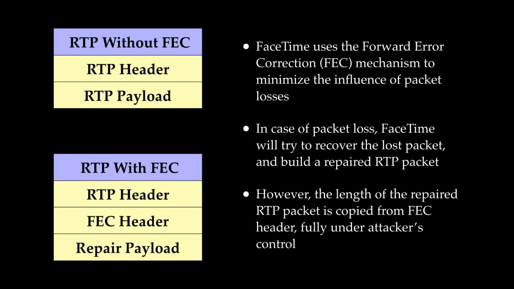In the case, for example, that a frame is split into 8 packets and 1 packet is lost, the receiver will try to rebuild a new RTP packet based on the FEC information and the rest of the received RTP packets. However, the error here is this: for the repaired, newly generated RTP packet, the length field is just copied from the FEC header that is totally under the attacker's control without any validation.